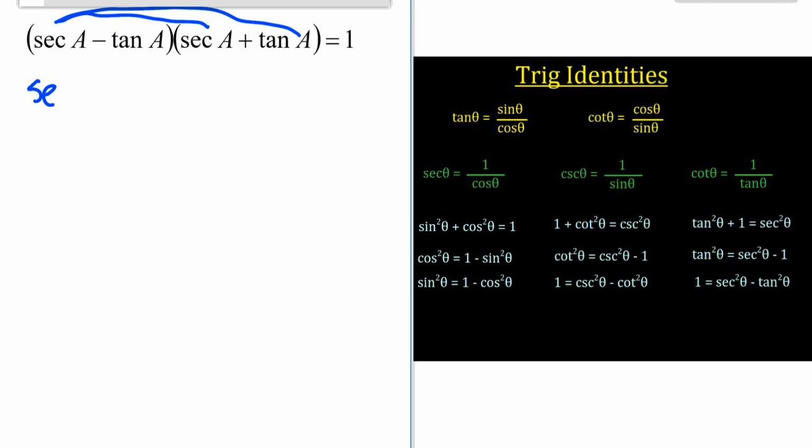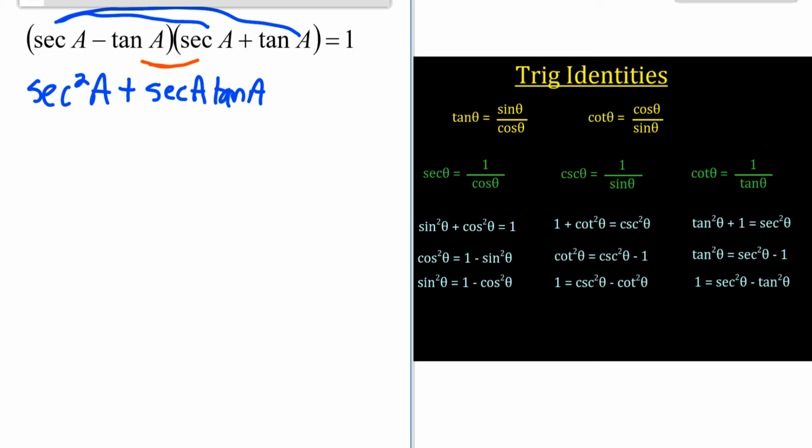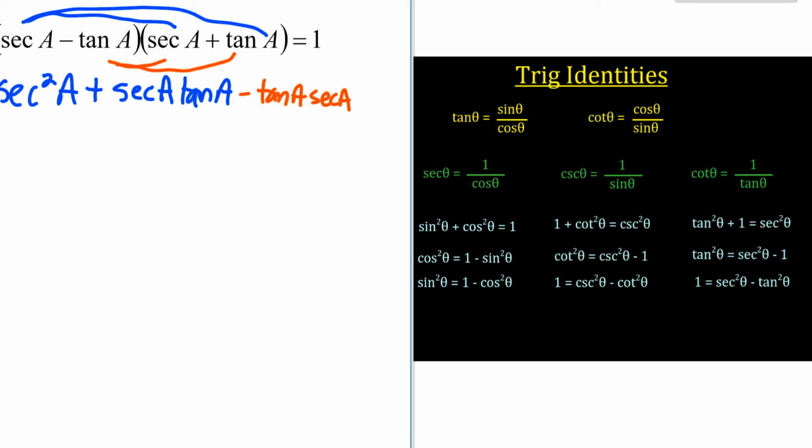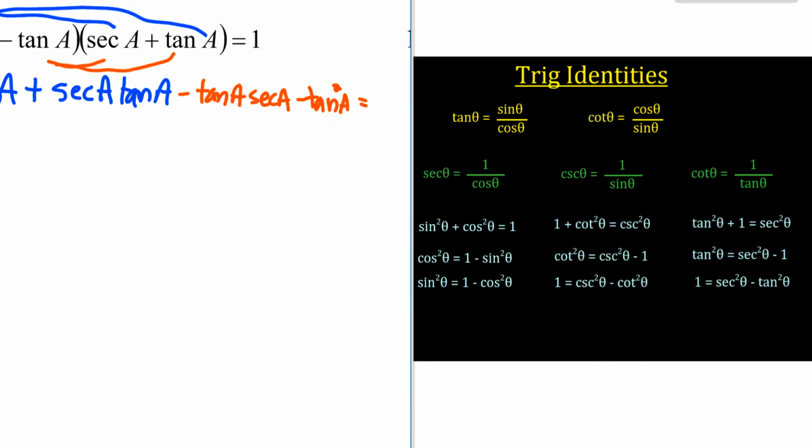So that would be secant squared A, plus secant A times tangent A, which is just secant A tangent A. Then we'll distribute the tangent A as well, and it's a negative tangent A, so minus tangent A secant A, and then minus tangent squared A. And typically we'll put an equals there.